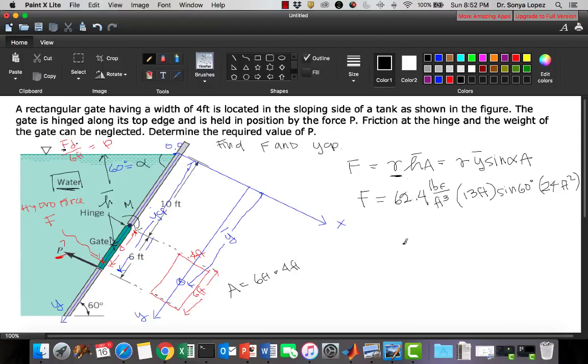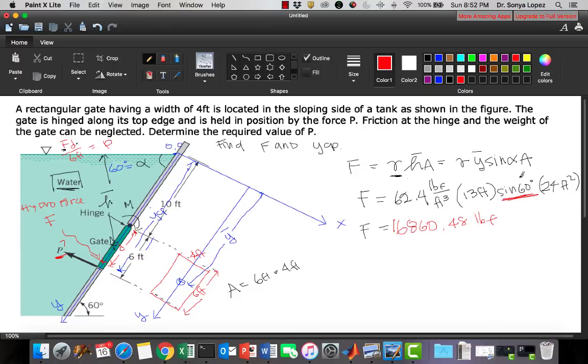Okay? So one thing I want to make sure you guys make a note of is to make sure that your calculator is in degrees when you plug in the sine. Just double check. So the answer is going to be approximately 16,860.48 pound force.